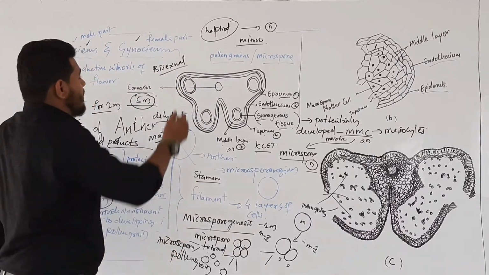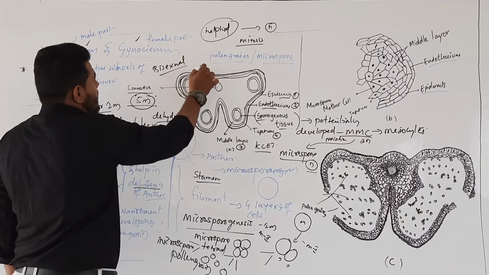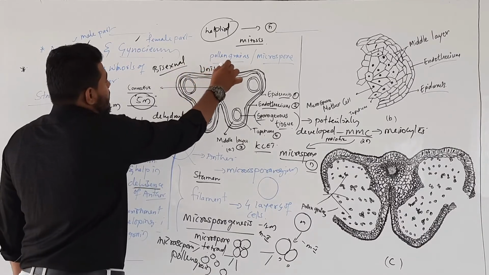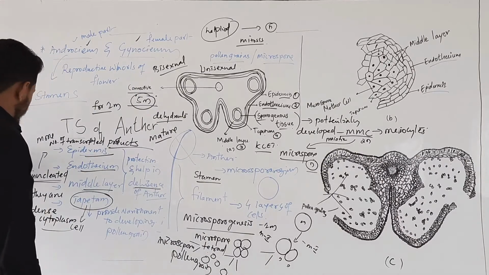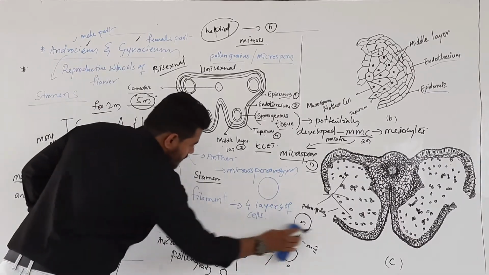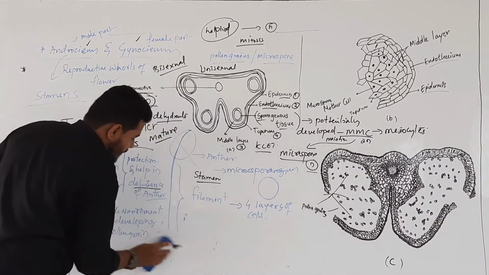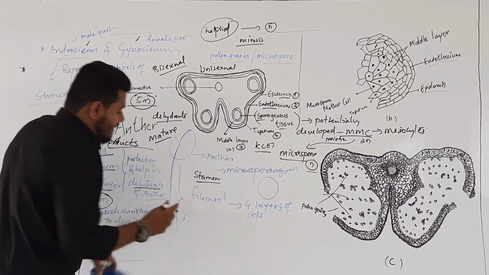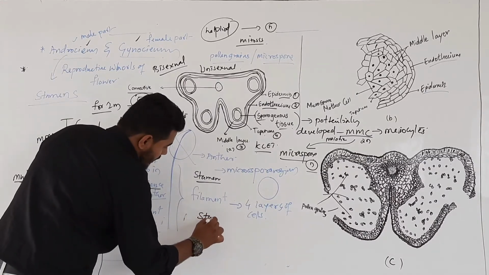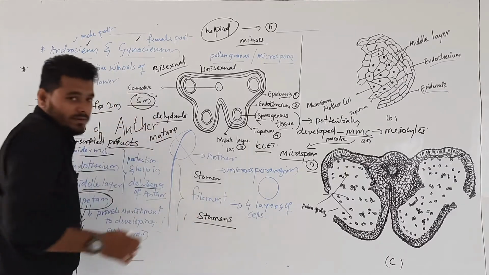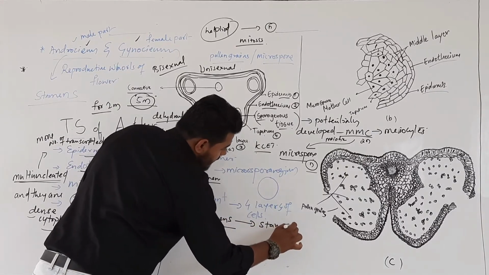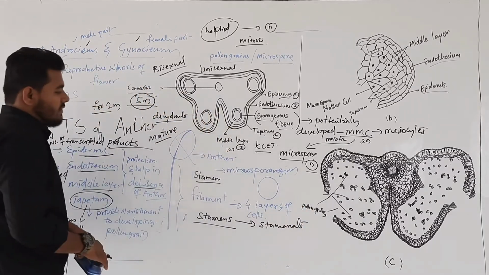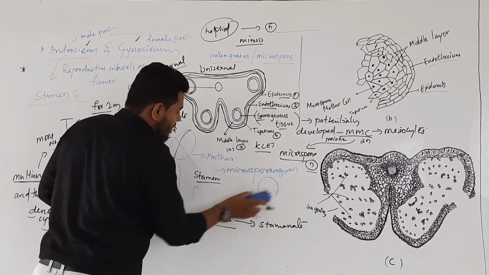But there are some flowers which are unisexual. So what are those unisexual flowers? A flower which bears only stamens is called a staminate flower.